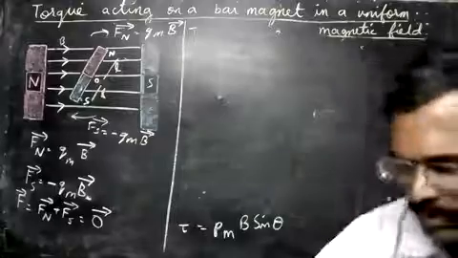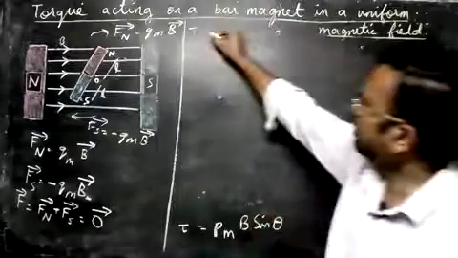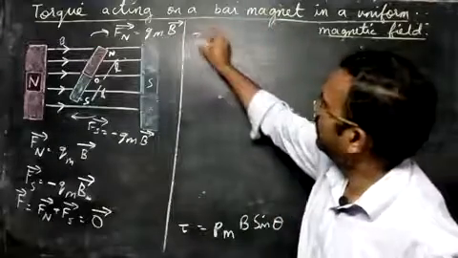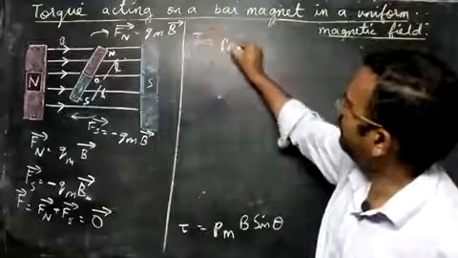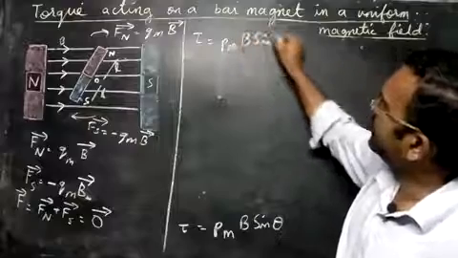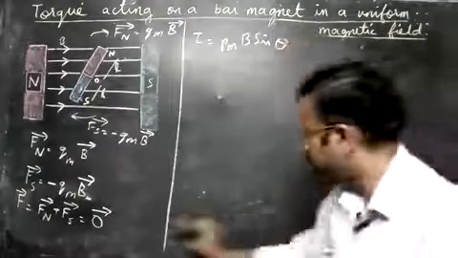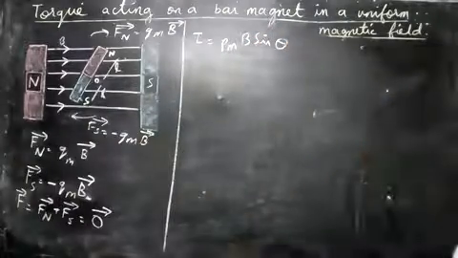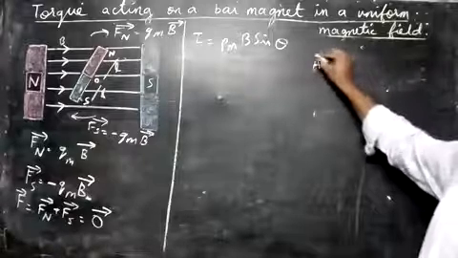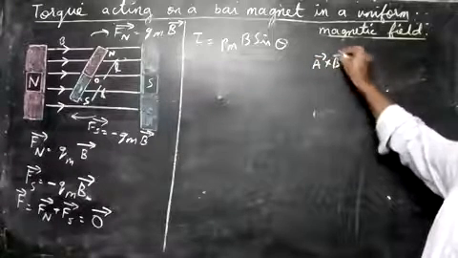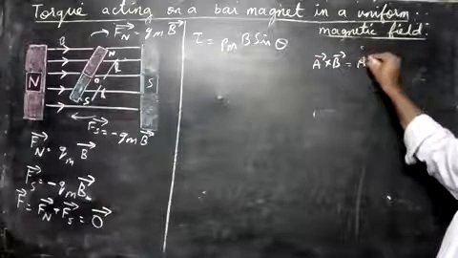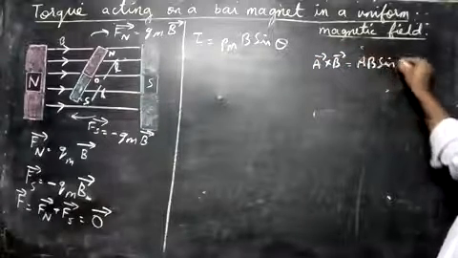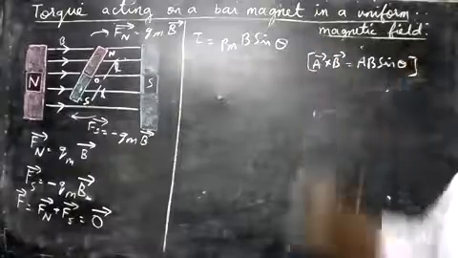Now see, I'll write this term here on top. Torque tau is equal to PmB sin theta. I've written on top the same equation. Now we see that A vector cross B vector gives AB sin theta. This is another way of expressing that whole equation.